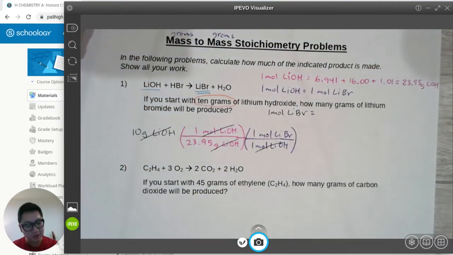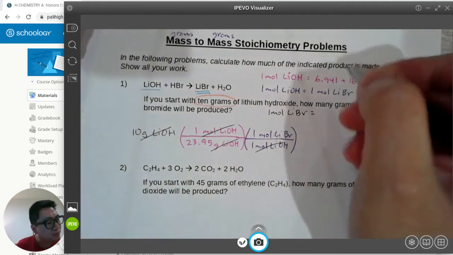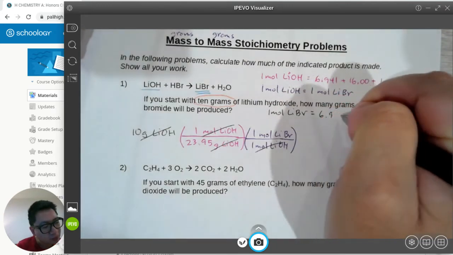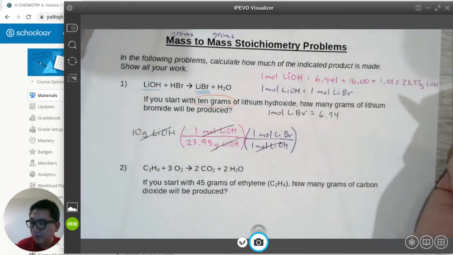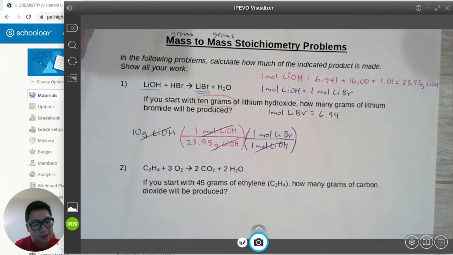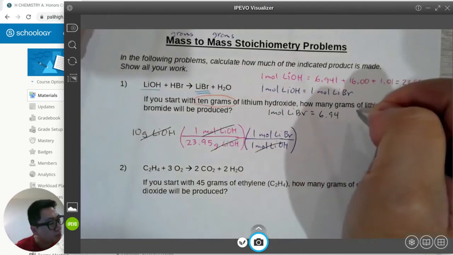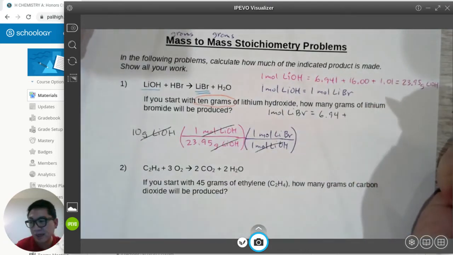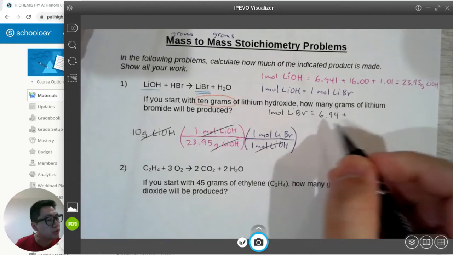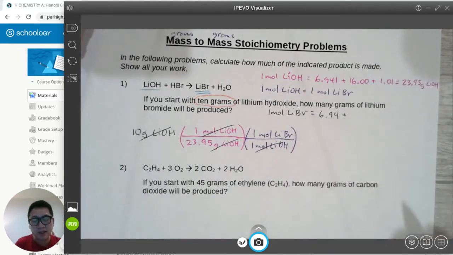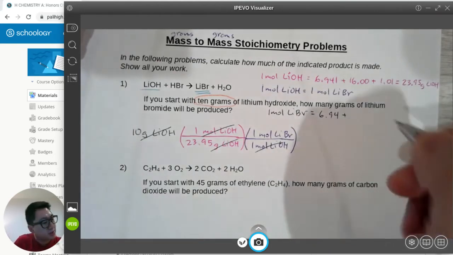And so I need a periodic table for that. Lithium on the periodic table is 6.941. I looked on the periodic table for bromine. I had to look it up. I don't have this memorized. The only way I know the molar mass of bromine is to look on a periodic table.